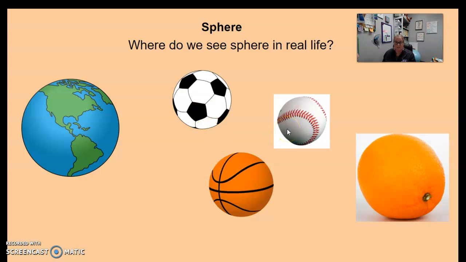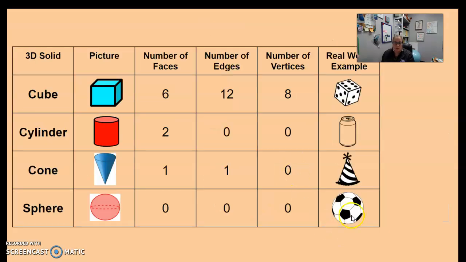I can think of some other types of balls we use to play with that are shaped like spheres also. And the other one I was thinking of is an orange. So if the orange is put all the way together, it actually looks like a sphere. So I went ahead and filled in our anchor chart with a soccer ball because I like to play soccer and it looks like a sphere.